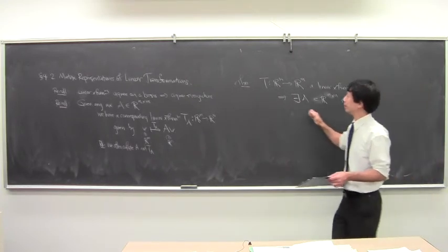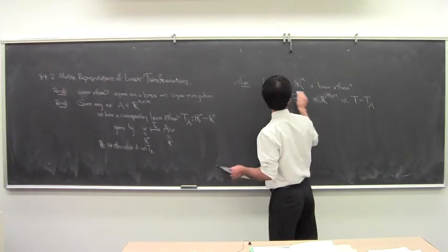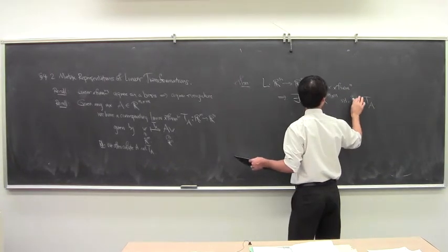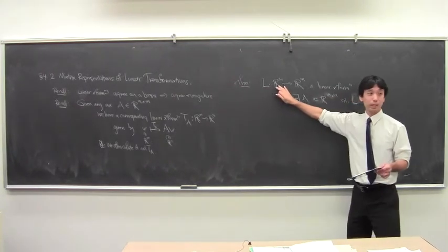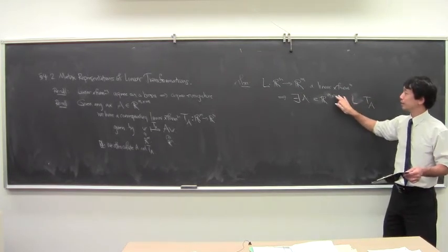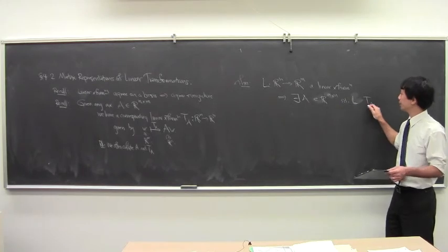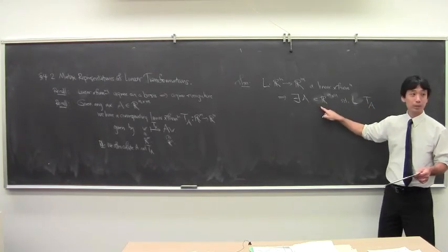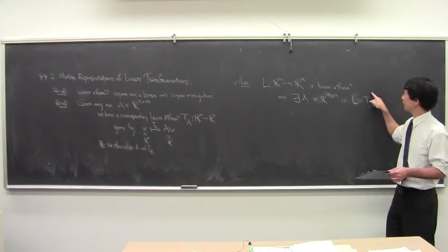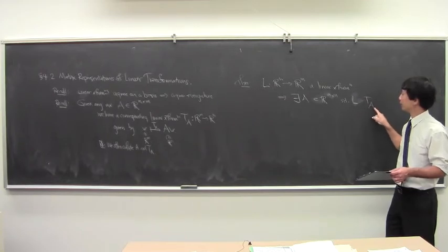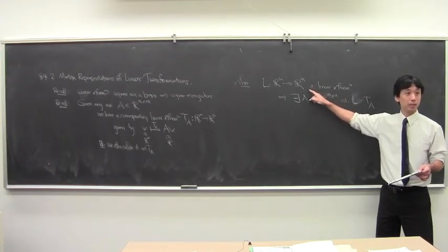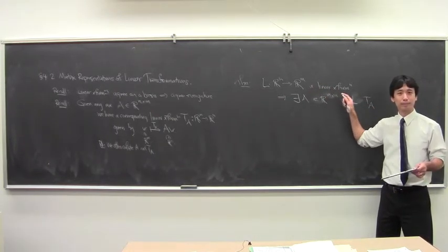You have some arbitrary linear transformation, and it turns out there'll be some matrix so that the linear transformation associated with that matrix is our linear transformation.